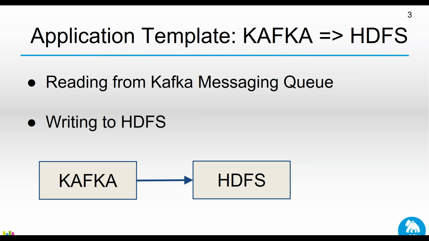So effectively, there are two operators in this particular application template, where we have a Kafka client which is reading from version 0.8 or 0.9 depending upon what you have installed, and it's based on the topic we are reading from. We're writing depending on what file format it would be providing.